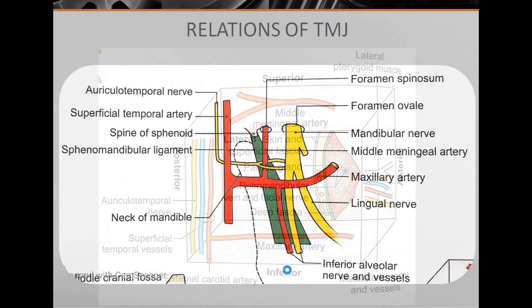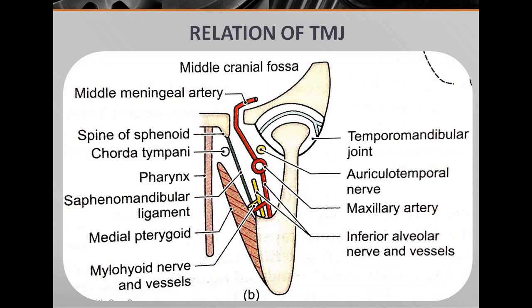The next diagram will show you the structures related medially to the TMJ. You can see the joint cavity of the TMJ, and the articular disc here. The whole thing is lined by synovial fluid. This is the capsular ligament. Medially it is related to the tympanic plate, which separates the joint from the internal carotid artery.